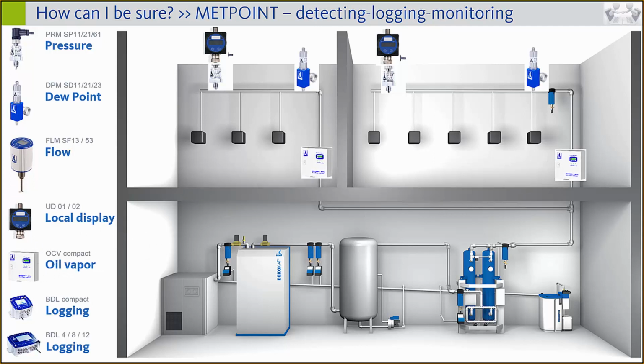Furthermore, if there are oil-free applications, an additional Medpoint OCV should be integrated to get aware of this quality in terms of oil vapor. So these are so far the quality issues for the application area. In many cases, the customer is also interested in the amount of costs which are created by the number of applications.